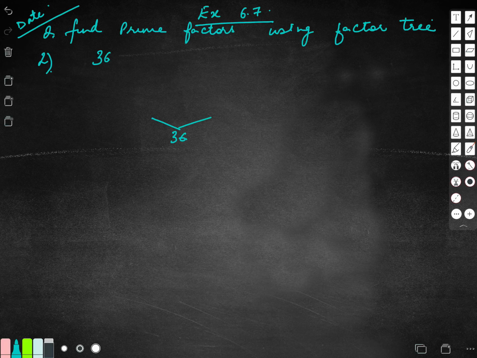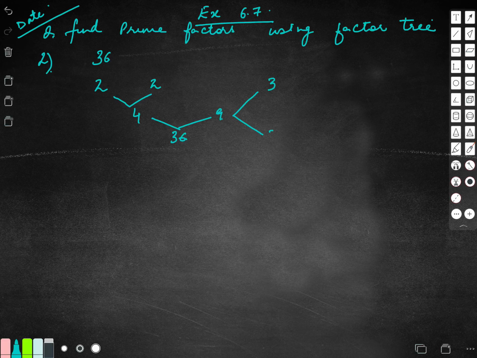So 36 I have written. I'll make the branches of a tree. Now what table comes in your mind? 4 9s are 36. You can take it. But you observe here that both are composite. So I have to again make the branches of both. Till how long I have to make the branches, children?